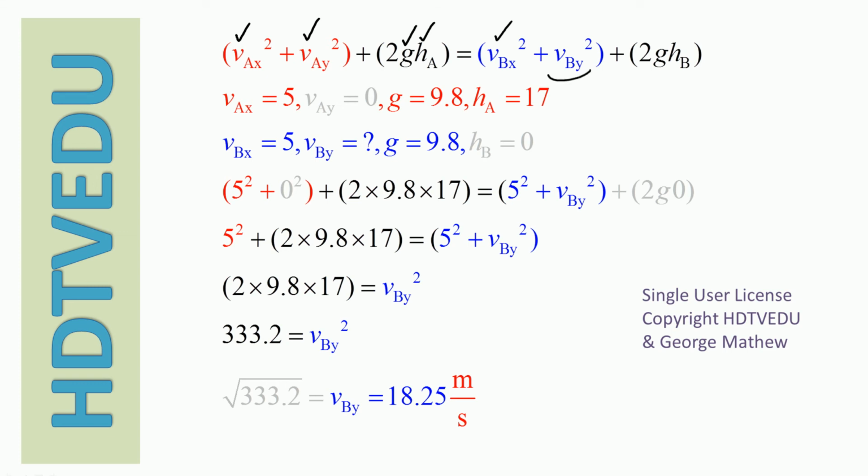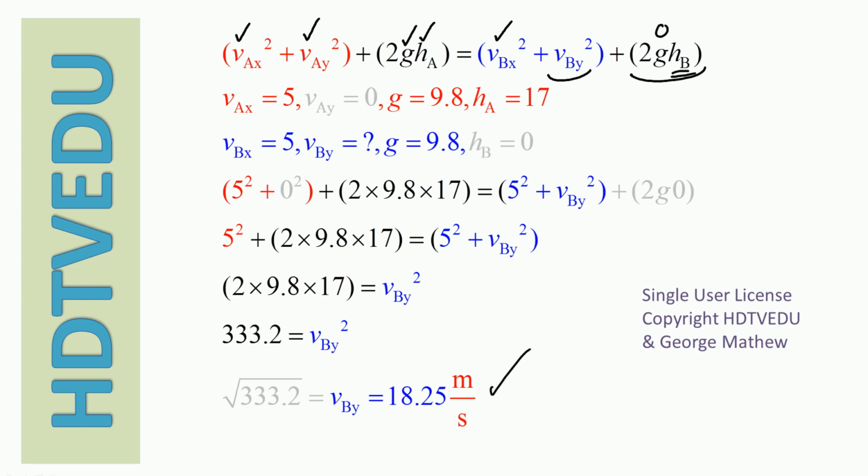We know 9.8, and this is equal to 0 because height of point B is 0. Substitute everything and we get 18.25 meters per second.